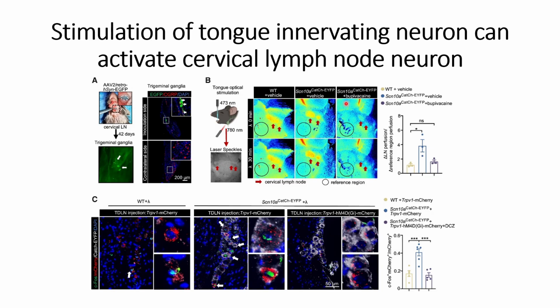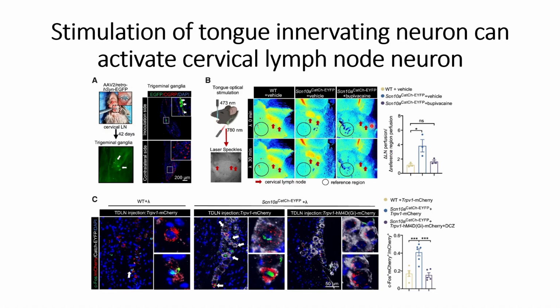And in the presence of the negative control, where they used BPvaccine, which actually inhibits the Na channel, without the Na channel the neuron would not be able to fire or activate. So they should not see any blood flow, or should see reduced blood flow, in the cervical lymph node.